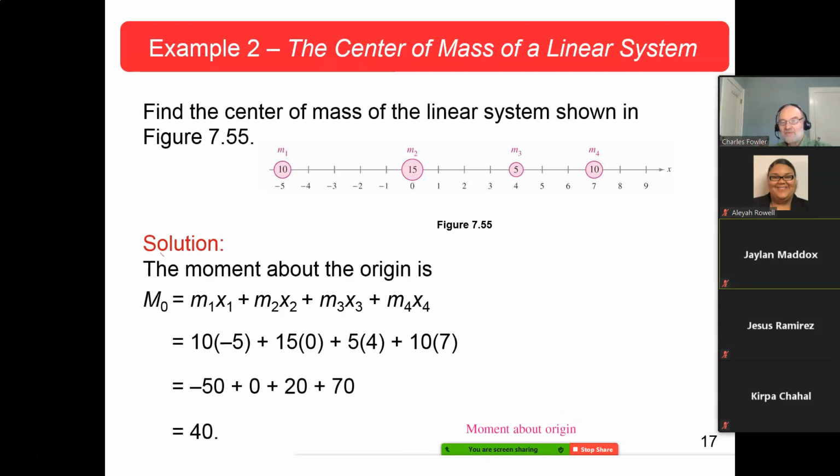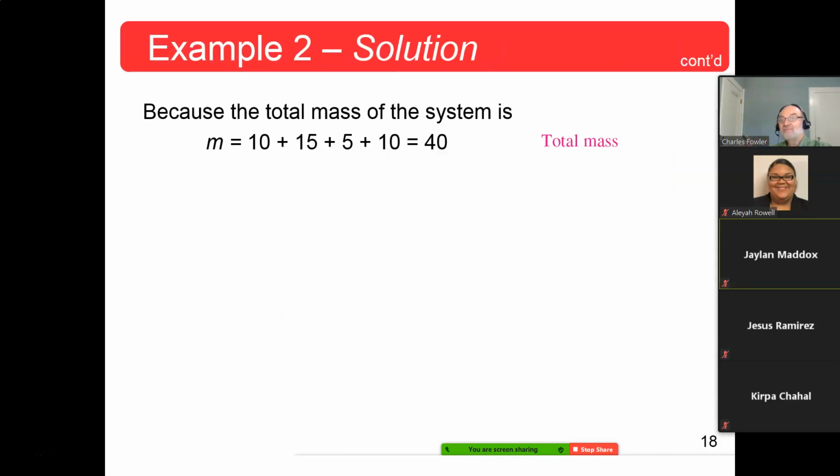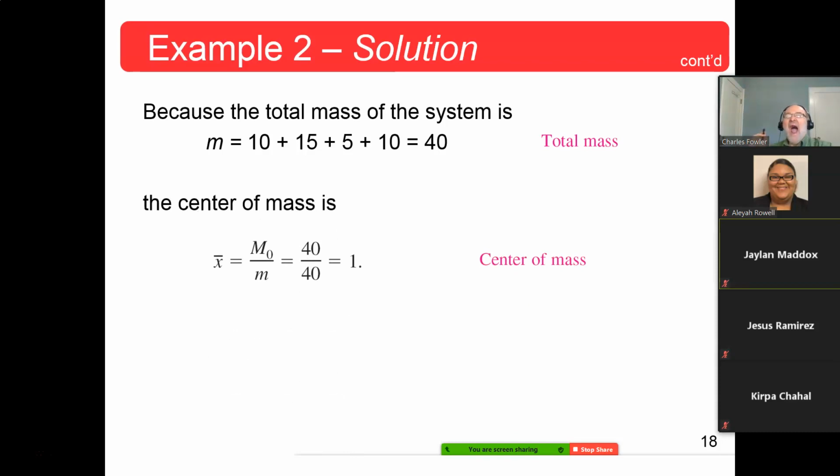Moment about the origin, the total was 40. Divide that by the mass, which was 10 plus 15 plus 5 plus 10, that also adds to 40, so your center of mass would be 40 divided by 40, which would be 1 length unit.